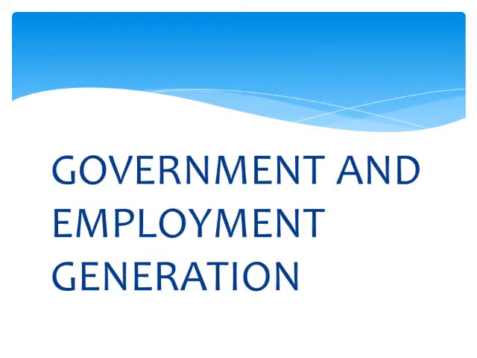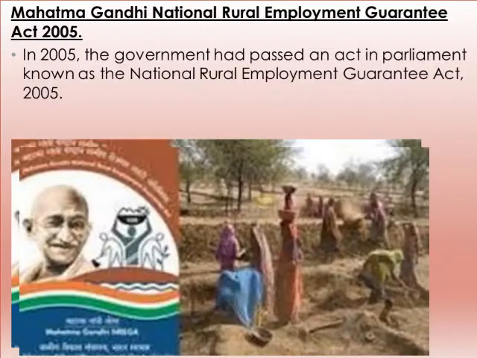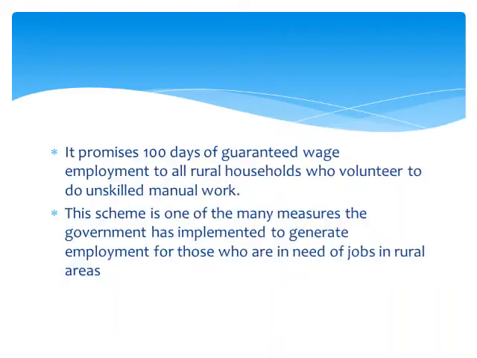Government and employment generation. MGNREGA, we have discussed earlier in the chapter Poverty. Mahatma Gandhi National Rural Employment Guarantee Act 2005. In 2005, the government passed an act in Parliament known as the National Rural Employment Guarantee Act 2005.